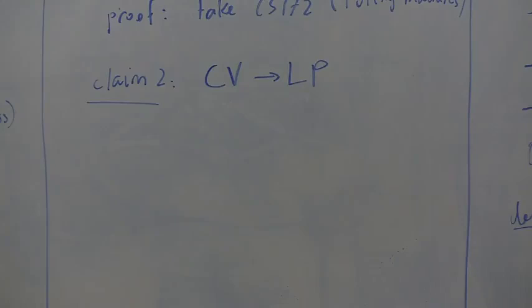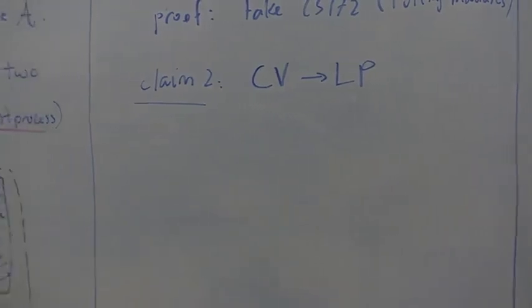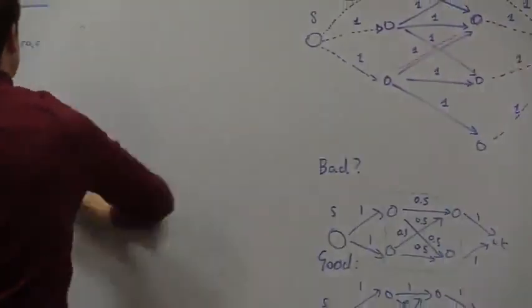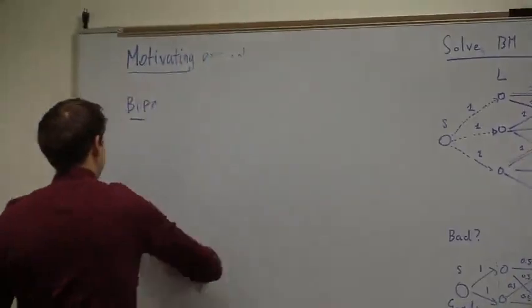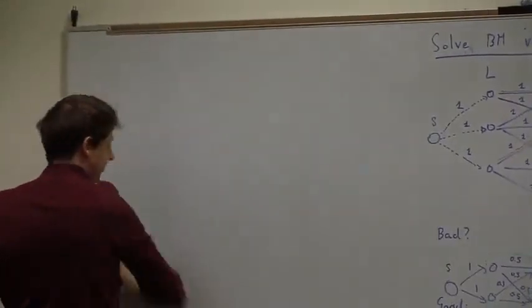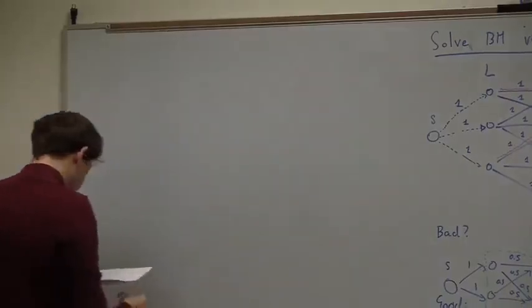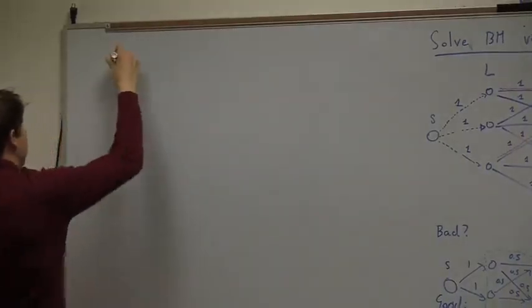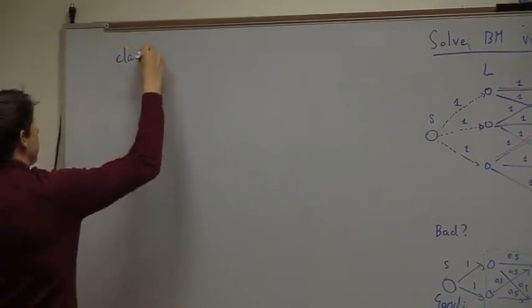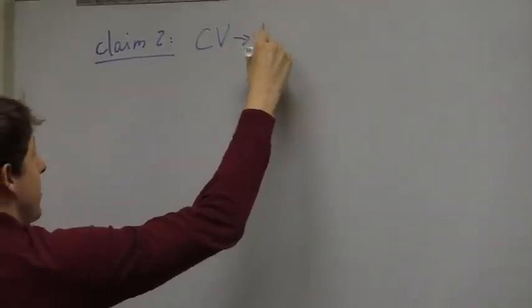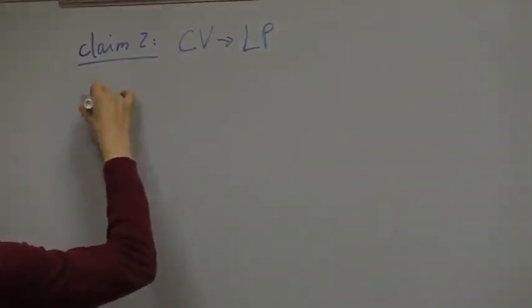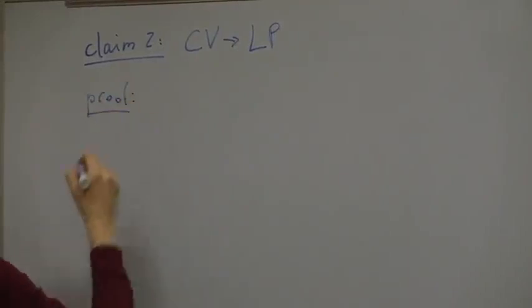So let's make some space here. Let me rewrite the claim. Claim 2: the circuit value problem reduces to linear programming. Proof.